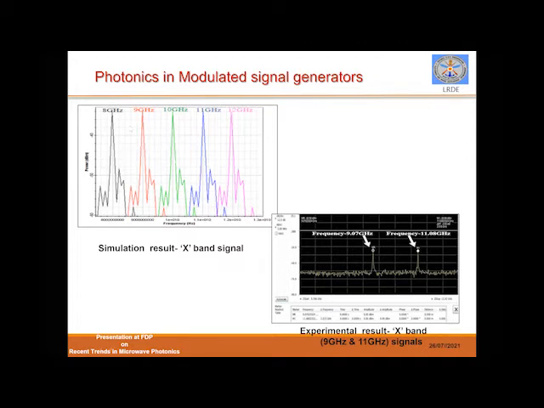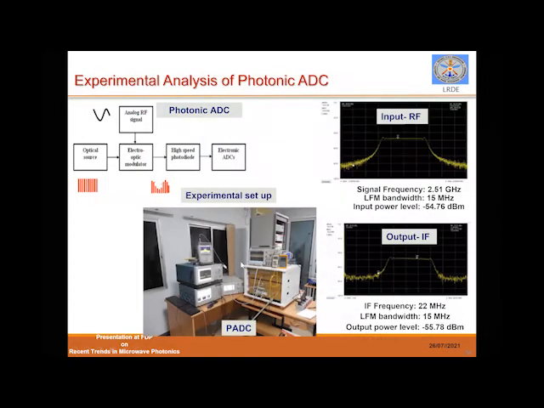So this is the modeling output, and this is the corresponding experimental output.